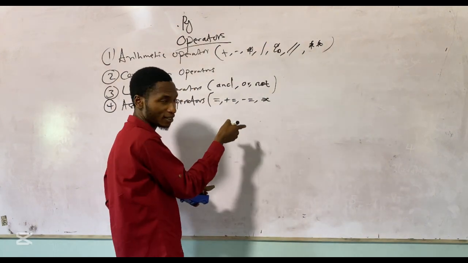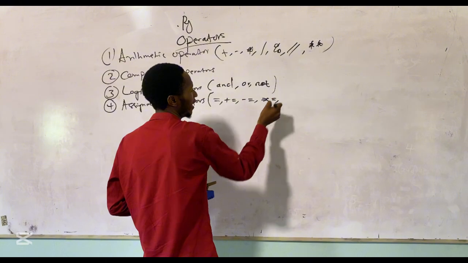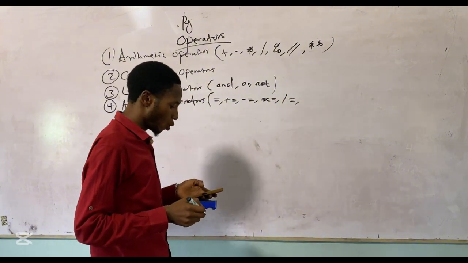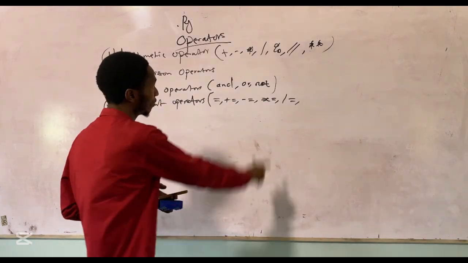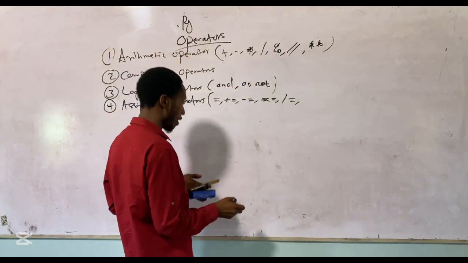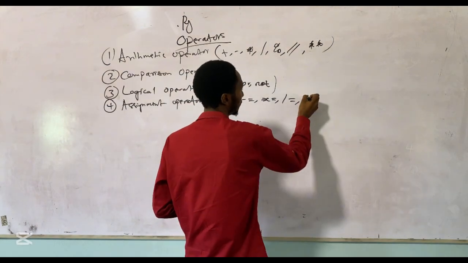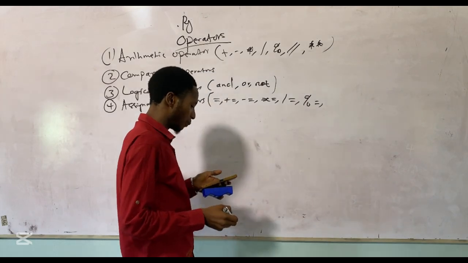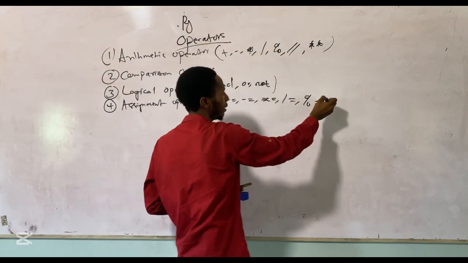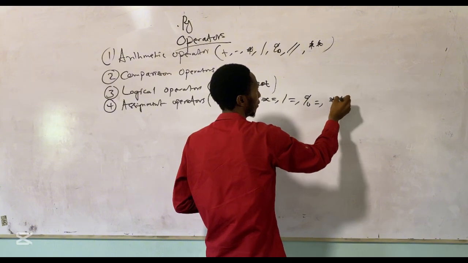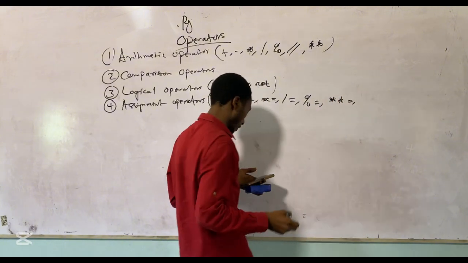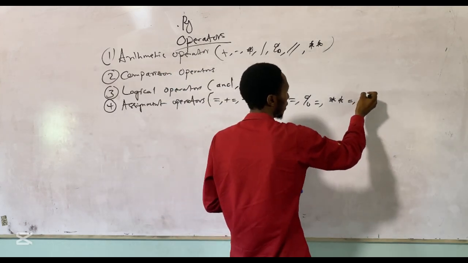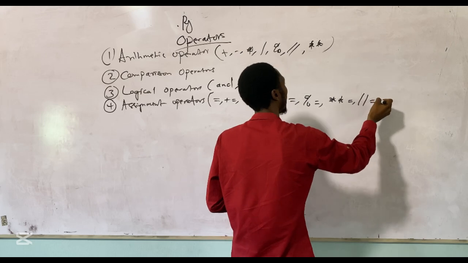Also, you remember our modulus, the percentage sign, we have modulus and assign. And we have exponent and assign, and floor divide and assign. We have something like this in our assignment operators.